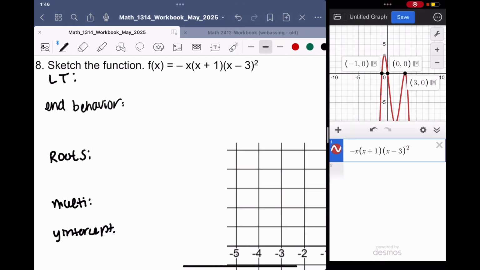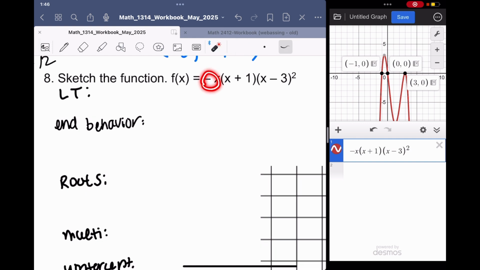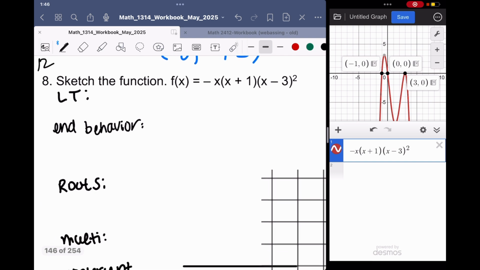It says to sketch the function. We're going to look at the leading term. So let's bring this together. This is negative x to the first power times x to the first power, and then the multiplicity on this one is 2, so it's x to the second.